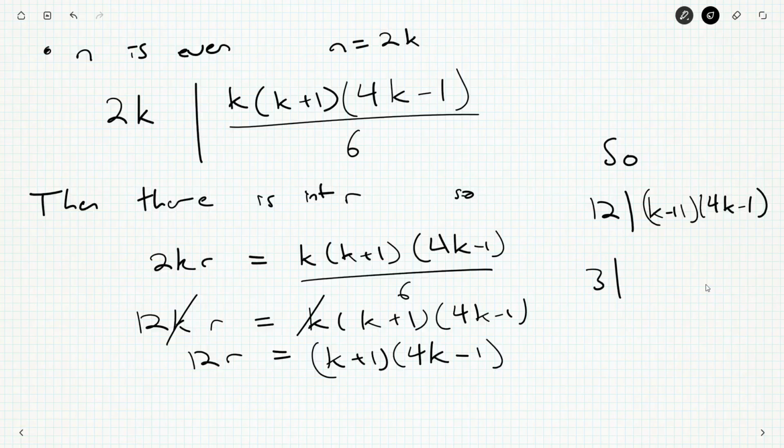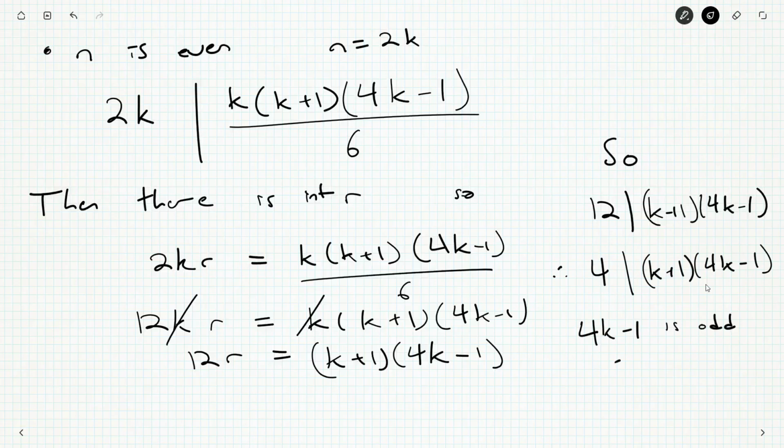So that means 3 has to divide k plus 1 or 4k minus 1. And actually, one thing to notice, if 12 divides it, then 4 has to divide it. But 4k minus 1 is automatically odd. And that tells me 4 has to divide k plus 1.